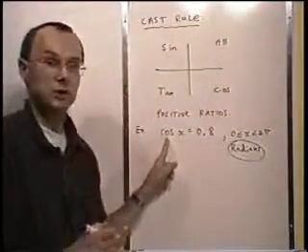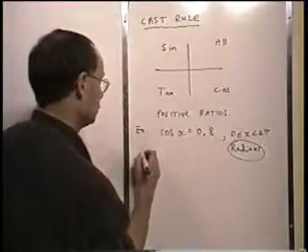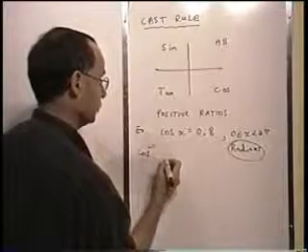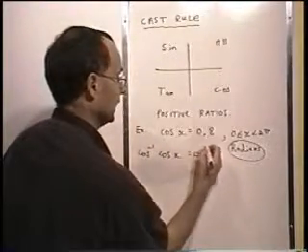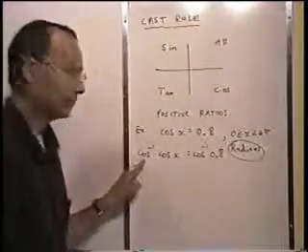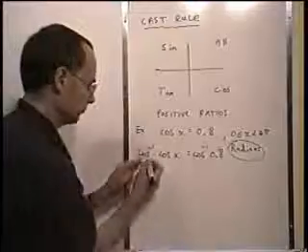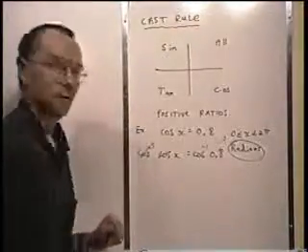Well, these are trig functions. So to undo cosine, I'm going to do cos inverse of both sides of my equation. And I'll show you why that works here in a moment. By doing cos inverse of cos, these two functions being inverses, they kind of kill each other off.